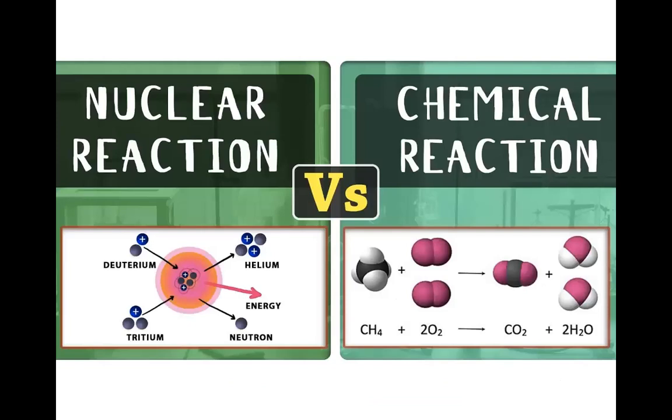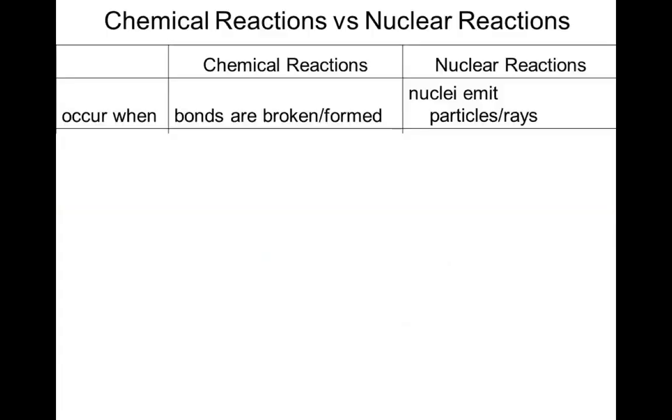So in order to really understand this lesson, you might have to forget what you know about chemical reactions. Well, not forget, but let's put them side by side to compare similarities and differences. In chemical reactions, bonds are formed or broken.